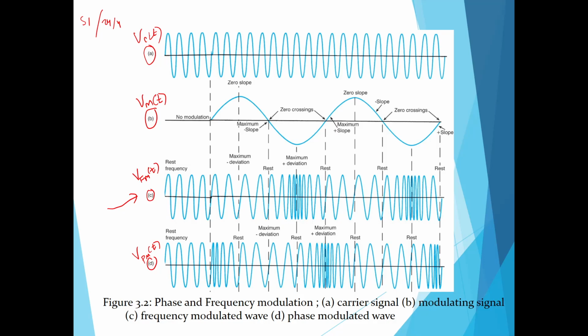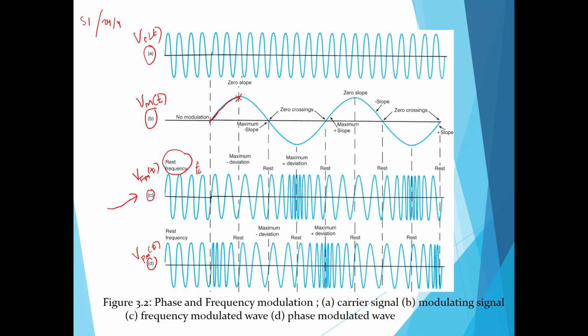At the beginning, the carrier would be at rest frequency, which is the original frequency of the carrier, which is Fc. Then the input message signal, the modulating signal, moves from 0 until positive peak.